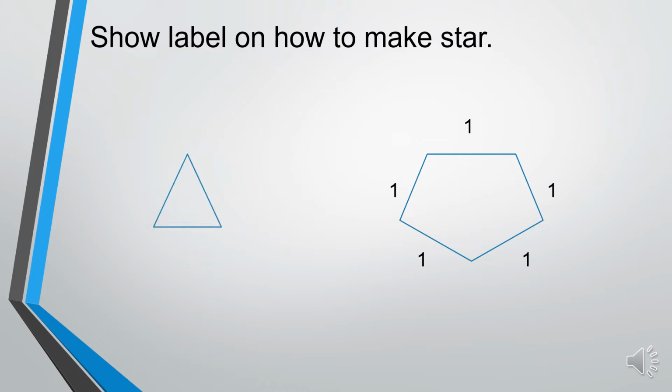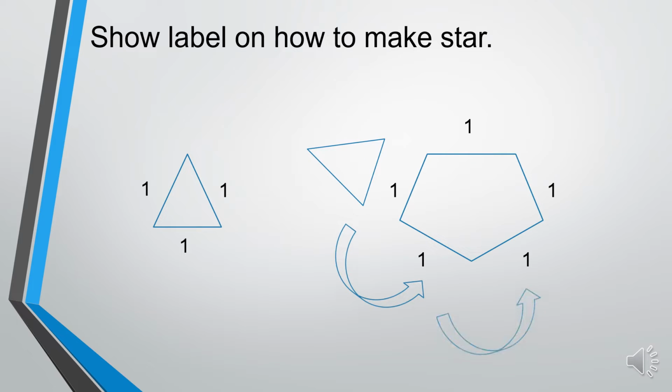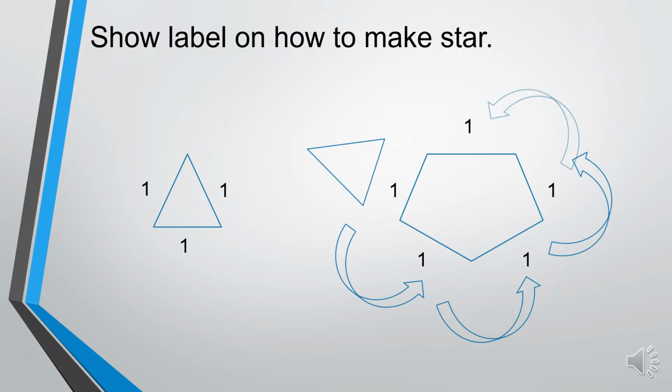So I draw a triangle that has the same side equal to 1 unit. So when you put it on this side, there it is. So we will put an arrow to form a star.